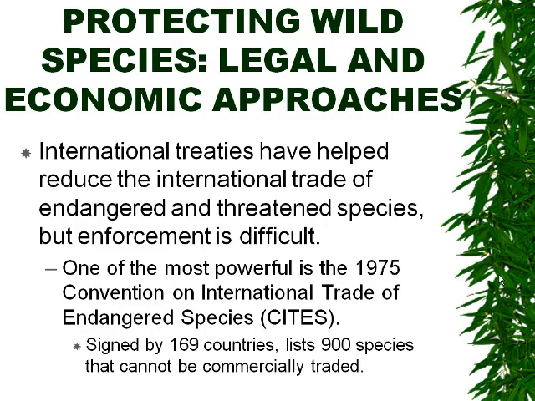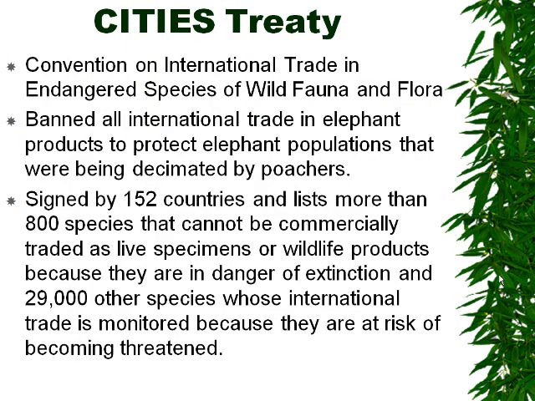So this Convention on International Trade in Endangered Species, 1975, was one of the big ones. You may wish to be familiar with that name. 169 countries signed it, and 900 species can't be commercially traded. So all of those 169 countries agreed that they're not going to have anything to do legally with those 900 species.